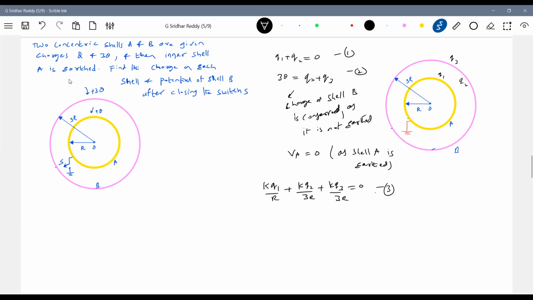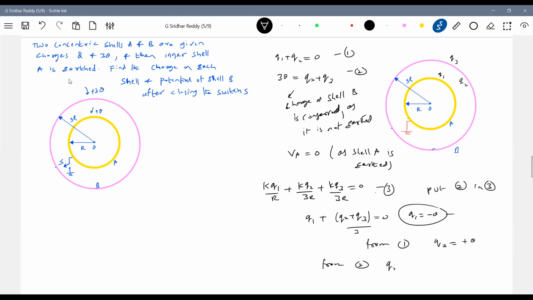Q1 equals minus Q. From 1, Q2 equals plus Q. From 2, Q3 equals 2Q. These are the final charges.